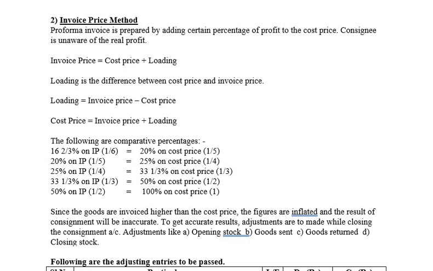So in the proforma invoice he will write goods sent at rupees 100, the cost price of the goods. He will not add any extra amount of profit to it in the cost price method. Now, in the invoice price method, the consignee is unaware of the actual cost price incurred by the consignor.